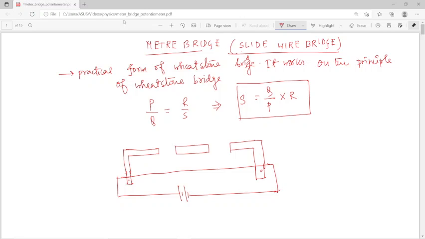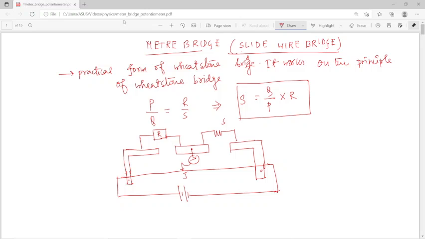There is a resistance, say R, and another resistance, say S, whose value we want to calculate. At the middle point a galvanometer is connected, and this is the wire, and this is the jockey, which should be touched on this wire.